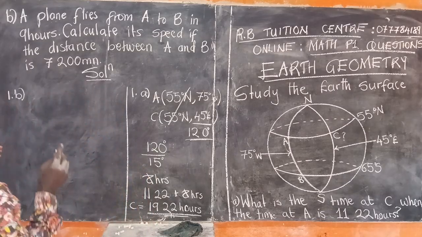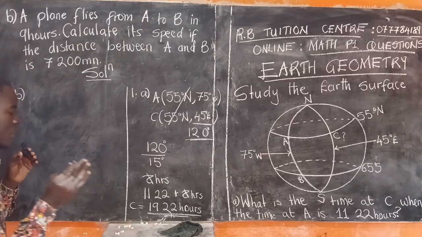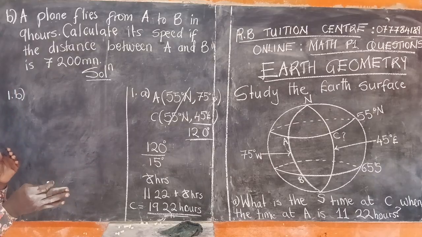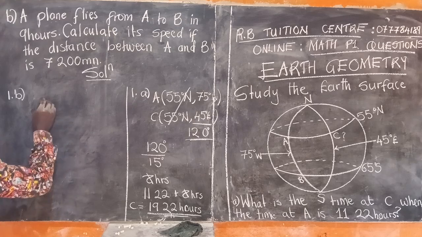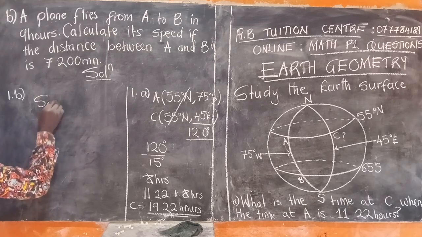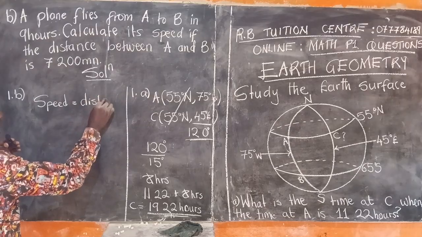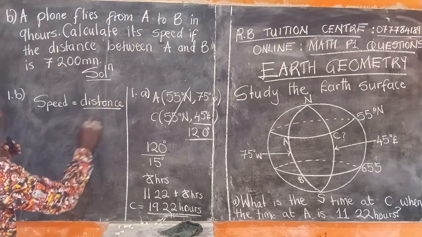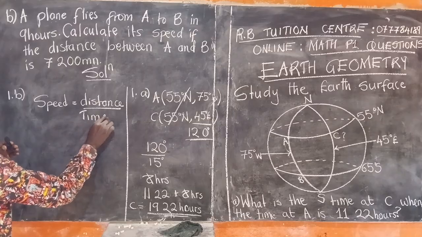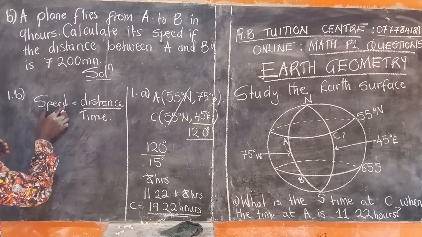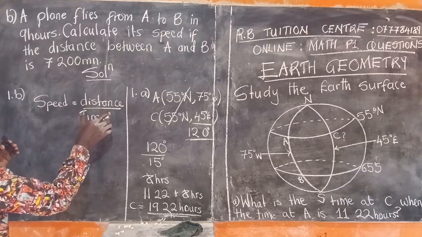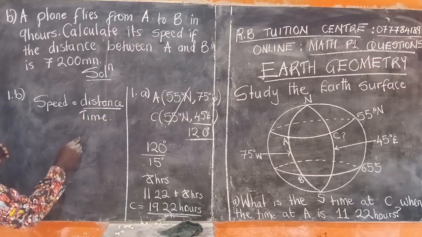So we write the formula we use in physics and also in mathematics under the travel graph: speed is equal to distance over time. Speed in knots, distance in nautical miles or kilometers, time in hours.